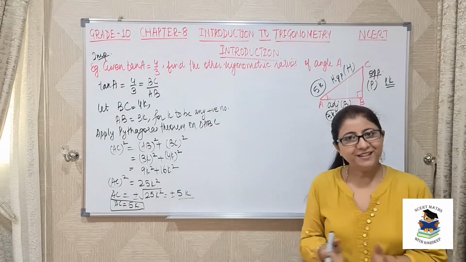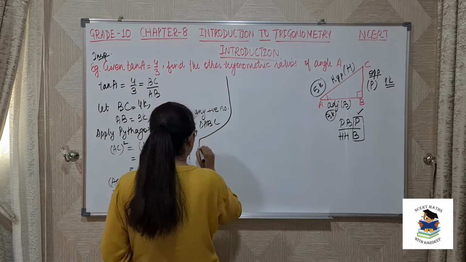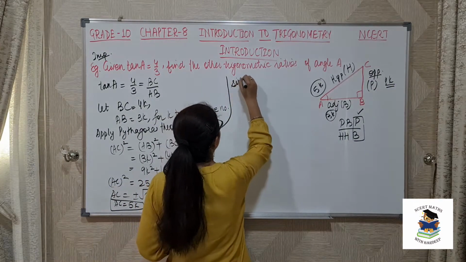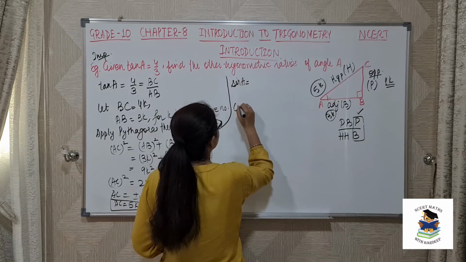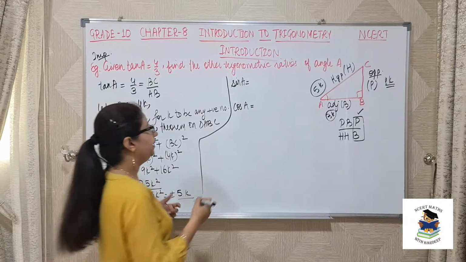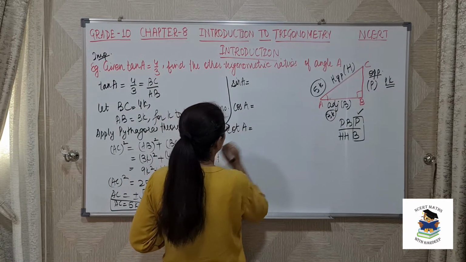Now we have the length of each side. We can find our ratios. So let's see how to do that. First ratio is sin A. Next is cosine A. Next is tangent, that is already given. Next will be cot A. Okay.